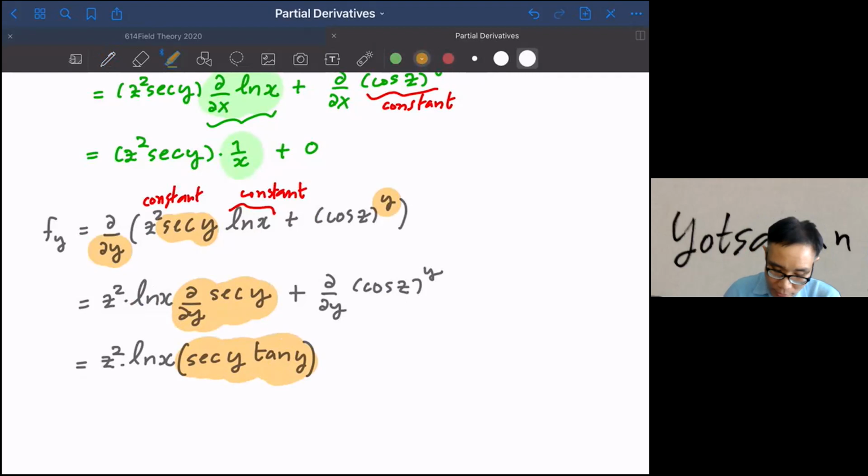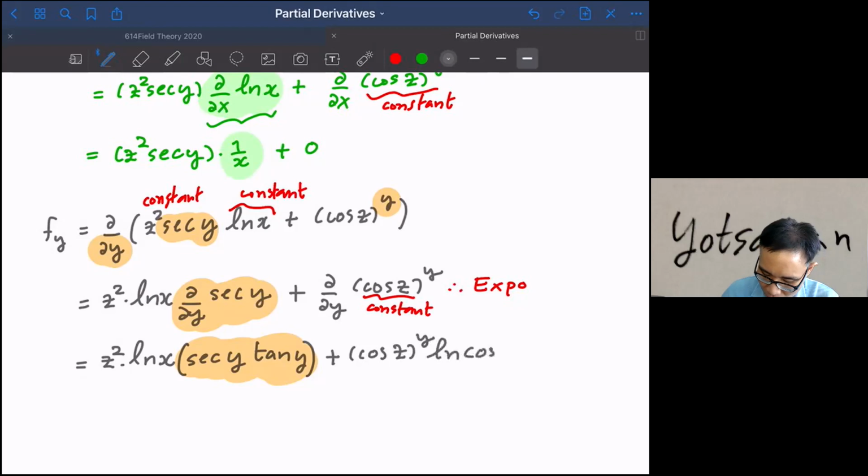And you're gonna differentiate the second term. You have a constant raised to a function of y, so this one turned out to be an exponential function. So it's gonna be the whole thing, cos z to the y, times log of cos z, and then you find the derivative of y with respect to y.